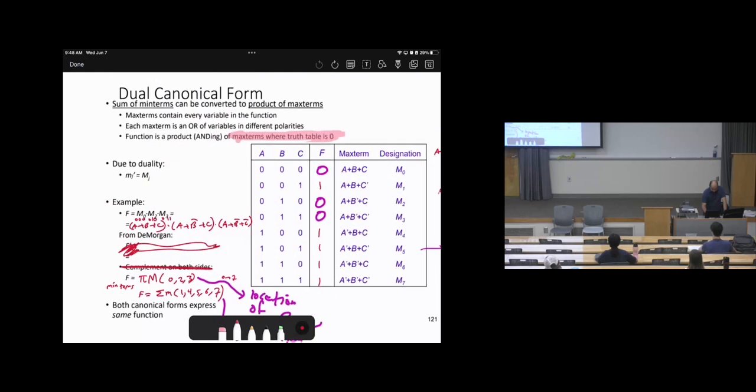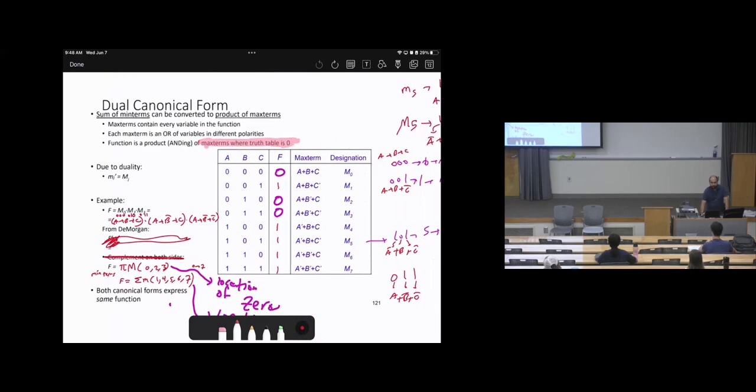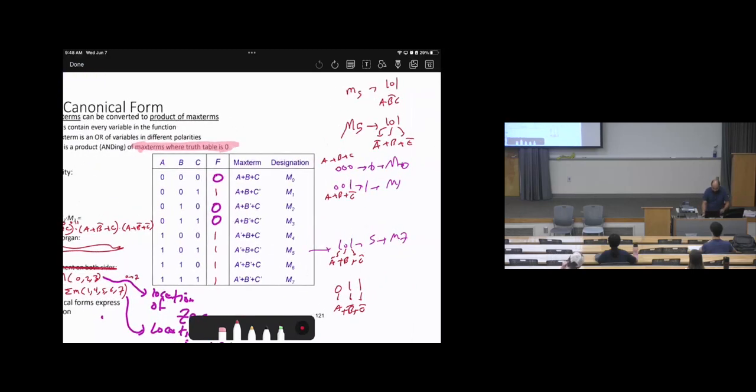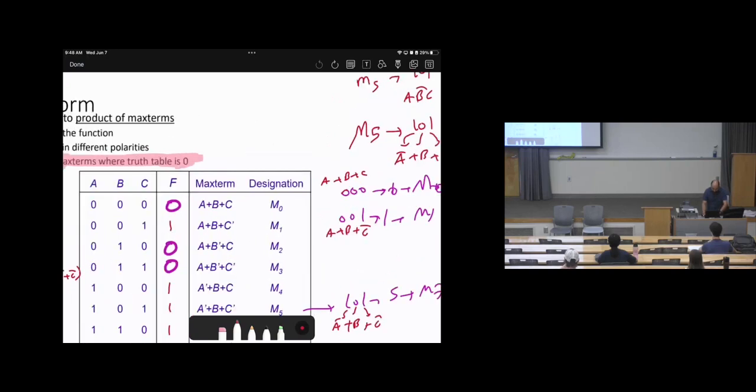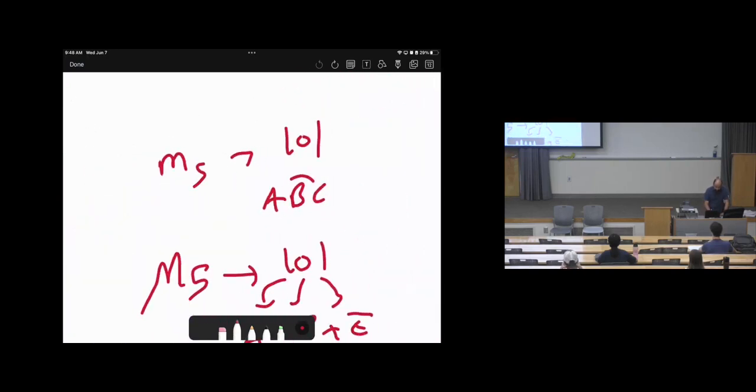Also in the canonical form, when we do the table, we used to write min terms as lower case m, while for the dual canonical form, we deal with what we call max terms. So in canonical form, for example, when we have 101, this is equivalent to m5. Whenever there is 1, we put the variable without a bar.